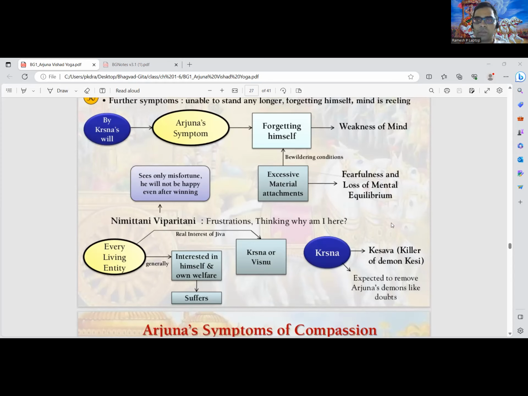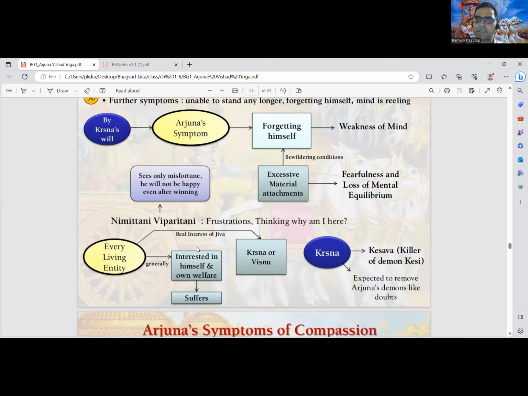The reason we get into that mode is we are always interested in the welfare of our own self. But our real interest should be to satisfy Lord Vishnu. So we don't think from that angle. We think that we own everything, and so we have some expectations, and everything should match. So that's the thing.